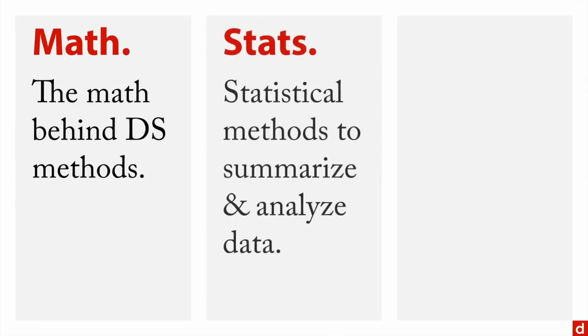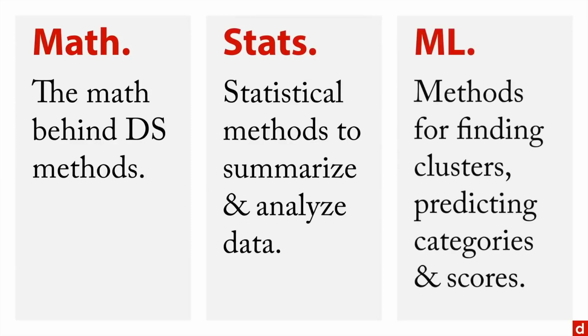And then stats, the statistical methods that are frequently used to summarize and analyze data, especially as applied to data science. And then there's machine learning, ML. This is a collection of methods for finding clusters in the data, for predicting categories or scores on interesting outcomes.